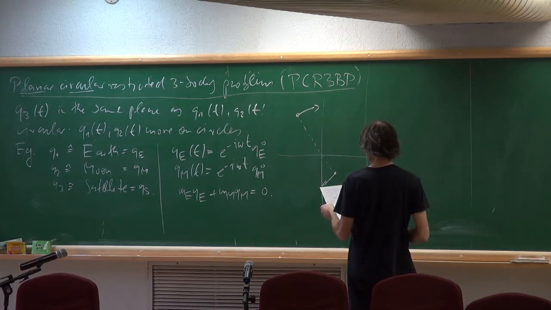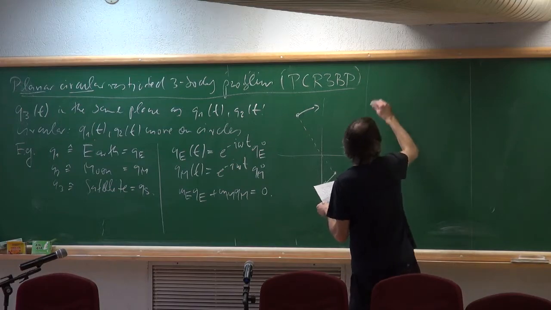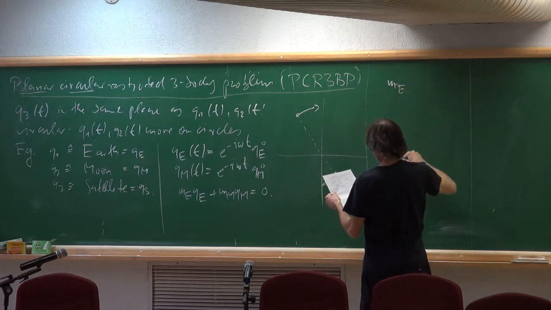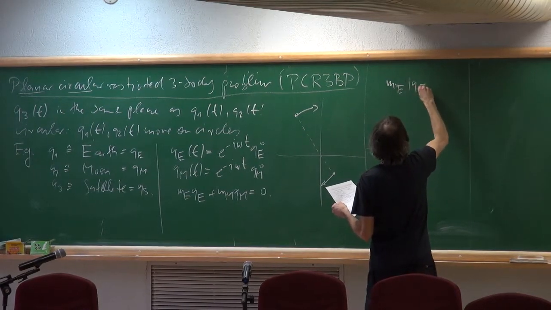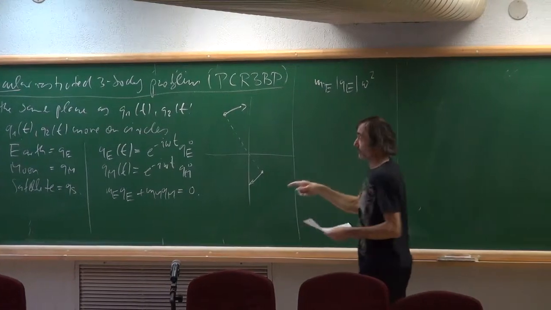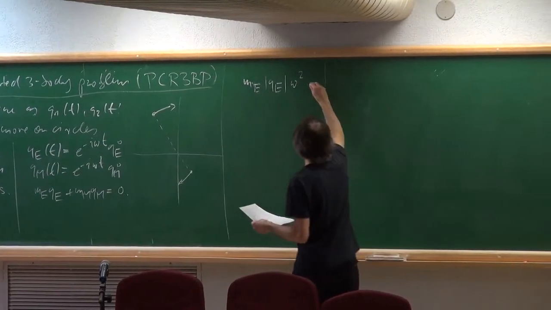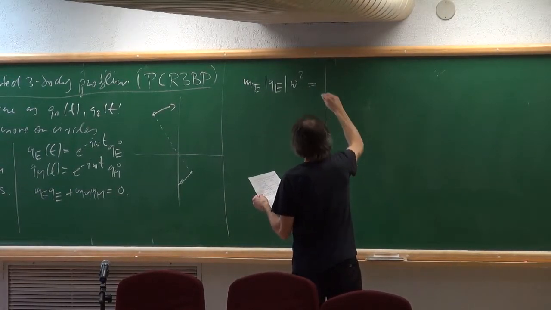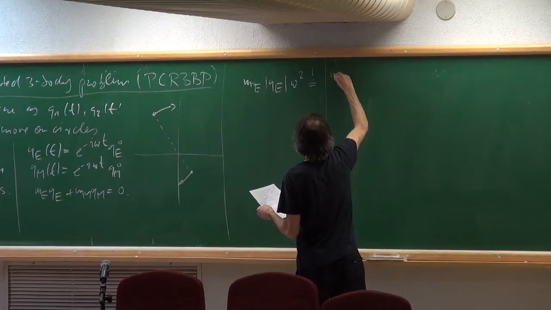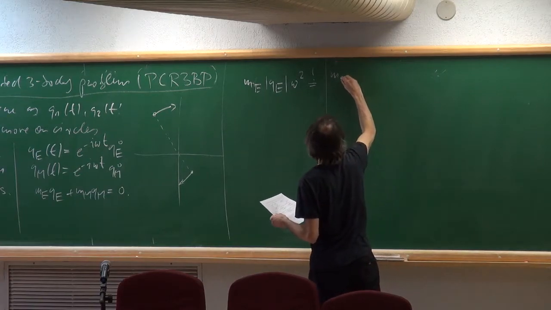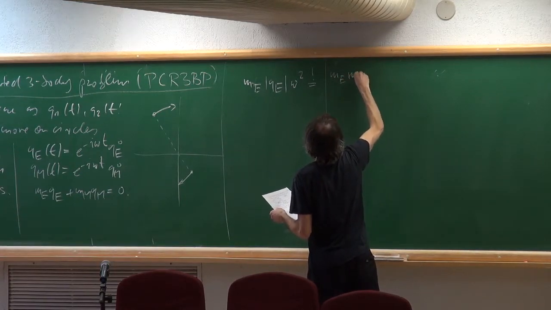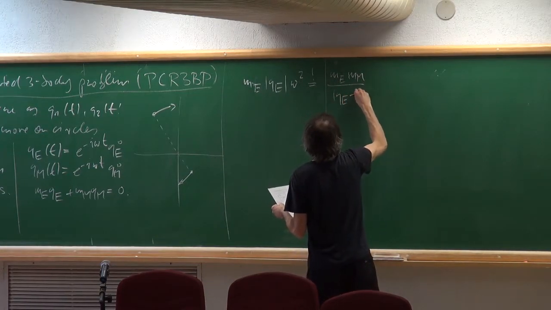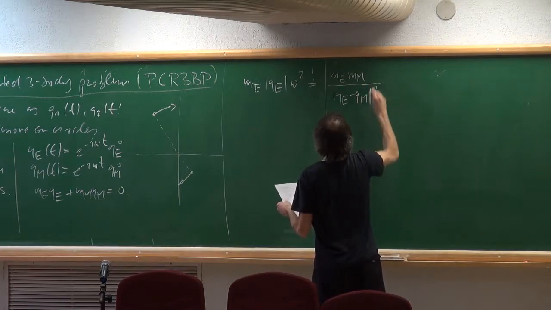So the centrifugal force at the Earth is mass of the Earth times radius times angular velocity squared. That's the centrifugal or centripetal force, depending on how you want to view it. And this must be equal to the gravitational force, which is ME times M divided by QE minus QM squared.